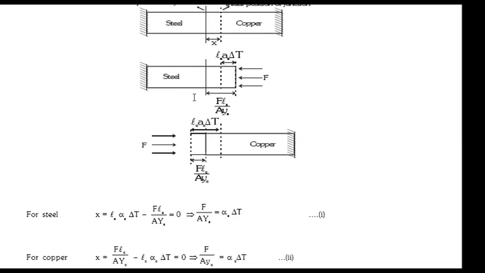So for steel, X is equal to what? You can just expand this: length of steel into alpha steel into delta T minus the strain, which is FL by AY. After equating, F by AY of steel is alpha steel into delta T. Yes or no?